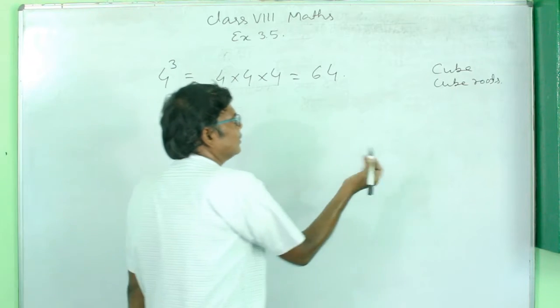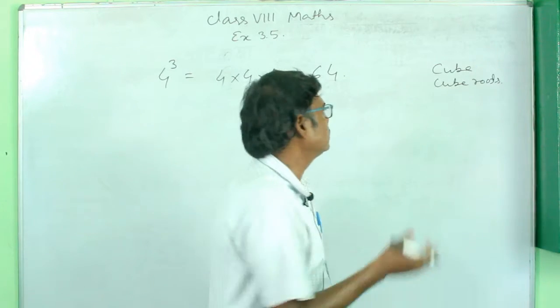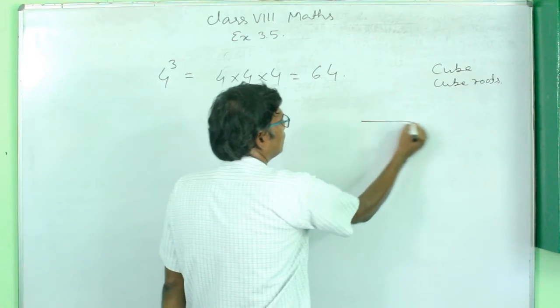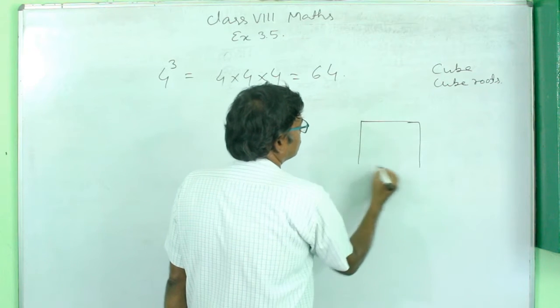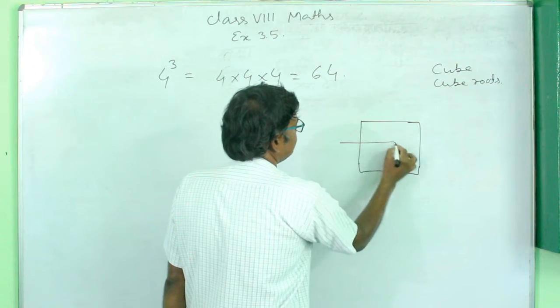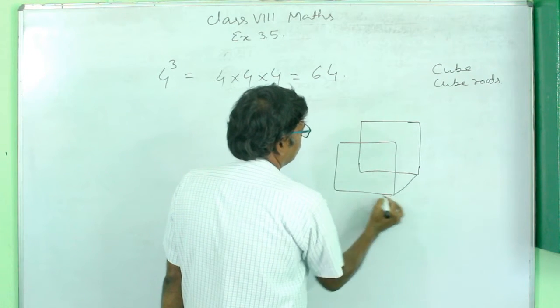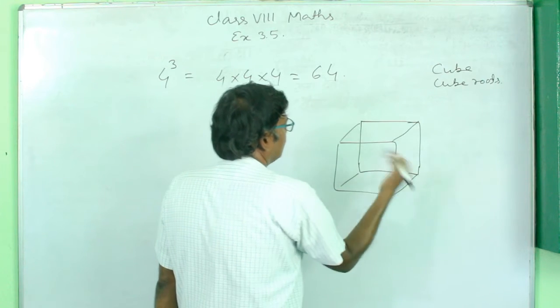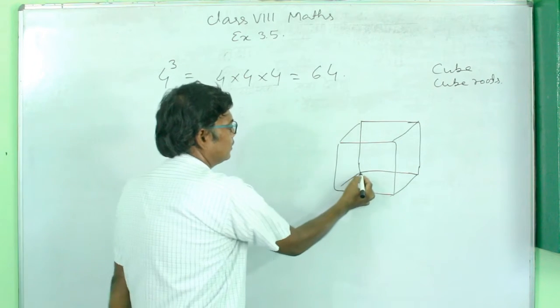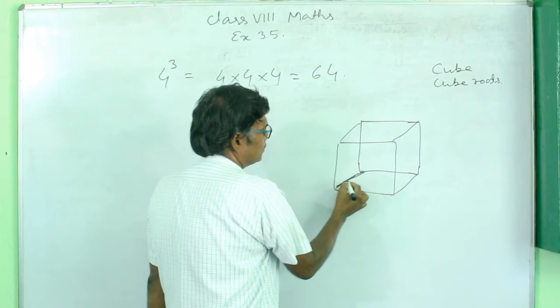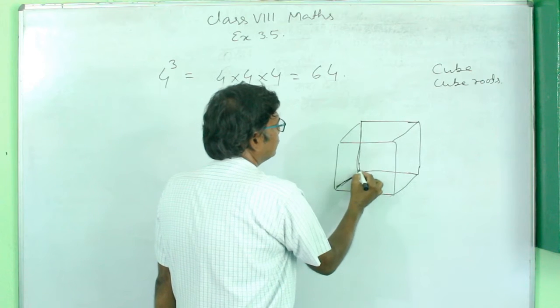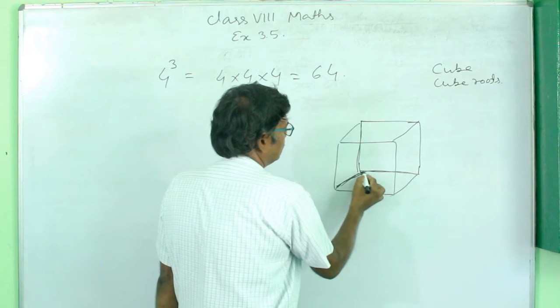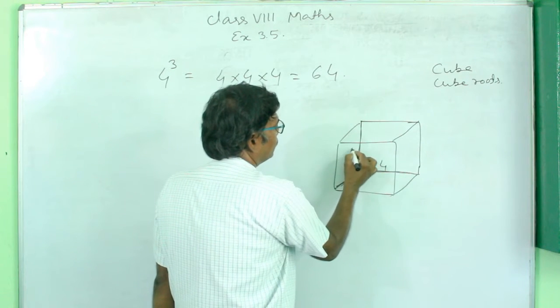This is the cube of the number, but when you make a physical cube where all the sides are equal, suppose this is the height, this is the length and this is the width, and all are 4, 4 and 4.